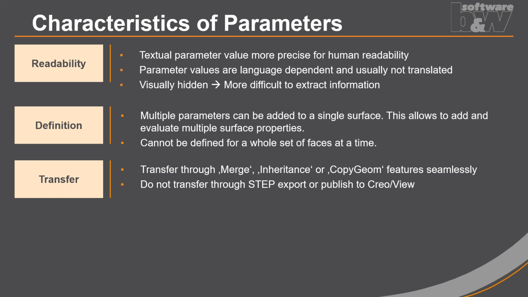Another advantage is that these surface parameters easily transfer through merge, inheritance, or copy geom features. This is a very big advantage over colors. Unfortunately, they don't transfer into a step export or even cannot be published to Creo View.